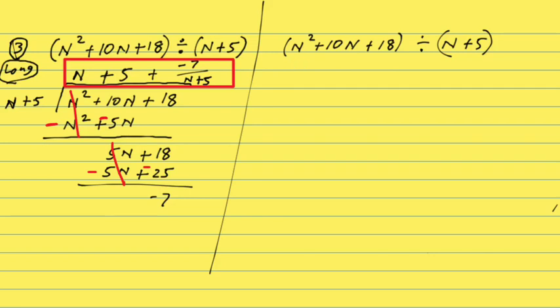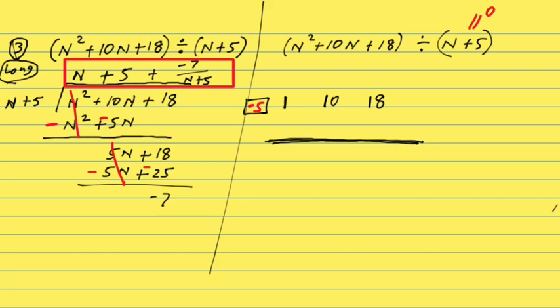If they are, you just bring your coefficients down. That'd be a 1, a 10, and an 18. You draw a line, leave a little space. Oops, I'm sorry. You leave a space, draw the line, and make a box. The number that goes in the box is whatever makes this part 0. So that would be a negative 5.